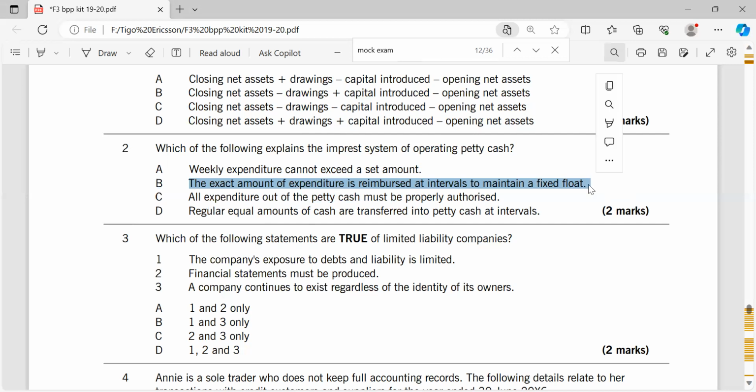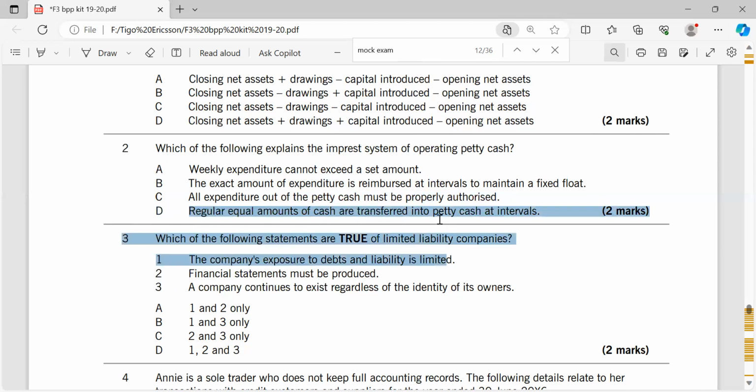Of course, you have to maintain a fixed float. C, all expenditure out of petty cash must be properly authorized. C is obvious, not the answer from how I explained. D, regular amounts of cash are transferred into petty cash at intervals, not regular amounts. We only reimburse something that has been used, right?